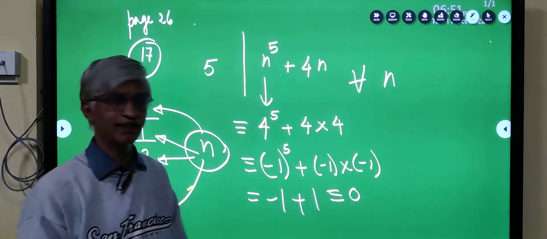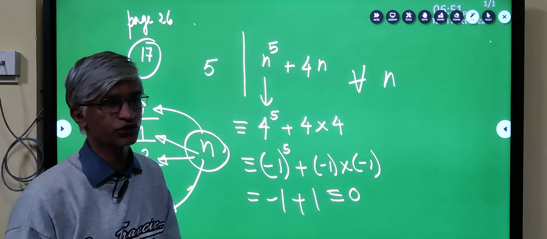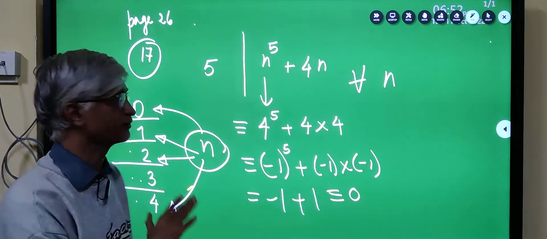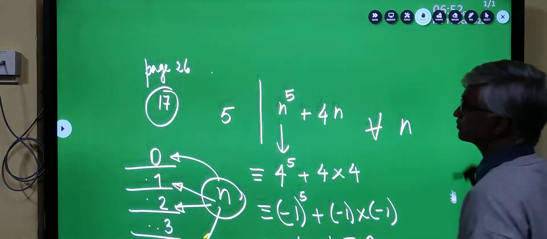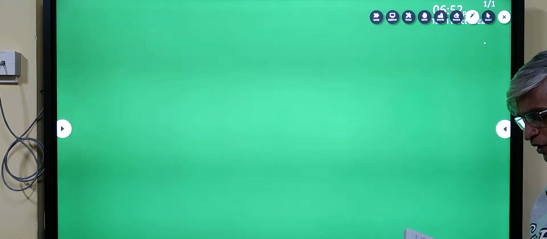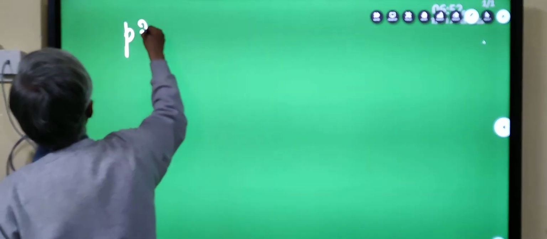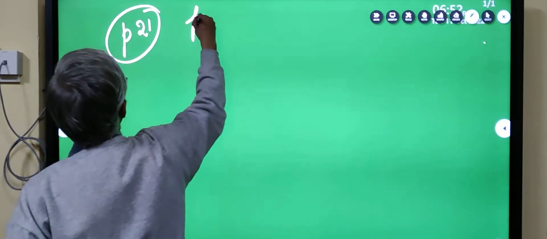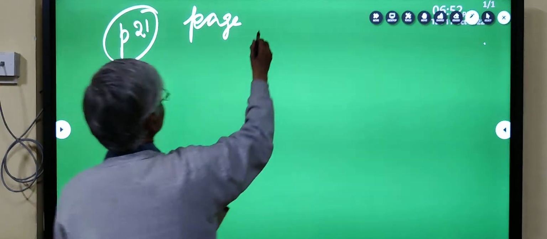But before we close the lesson, let's do one more problem, which also shows one standard way of dealing with these kind of problems. So I'm going to state the problem now. This problem is just, I think, one or two problems down the line. Problem 21 on the same page, page number 26.